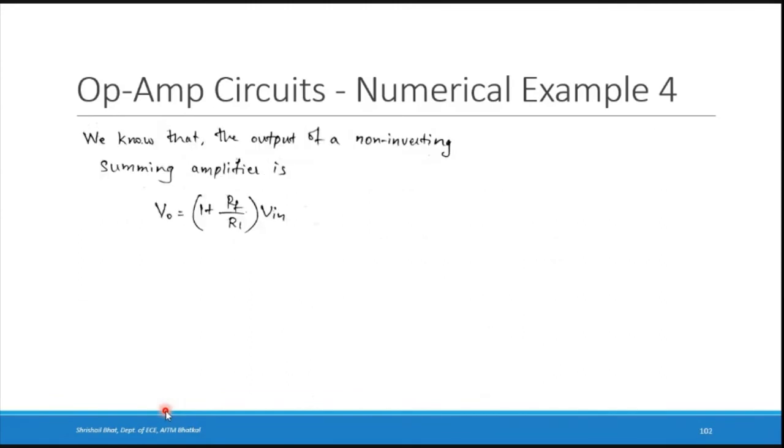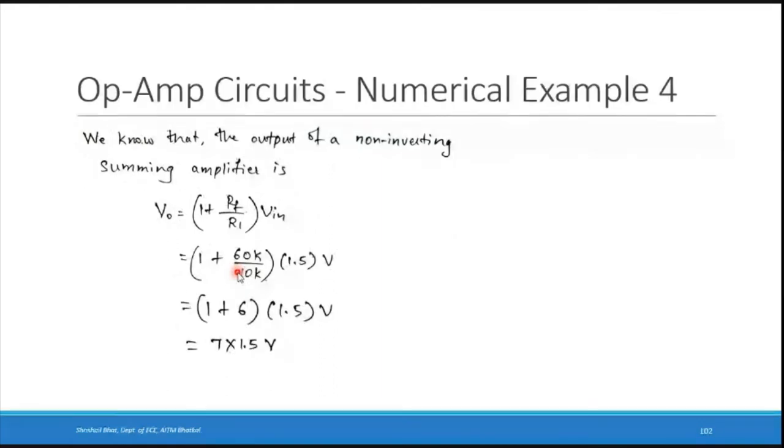Can you substitute and tell me the answer? 60 by 10K is 6. 1 plus 6 is 7. 7 into 1.5. That's how much? 10.5. Exactly. Output voltage is 10.5.